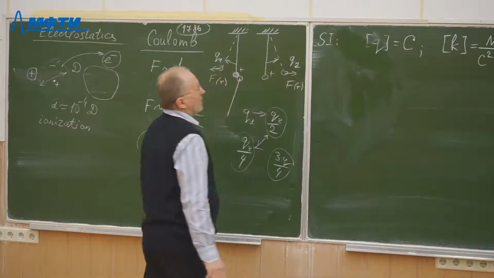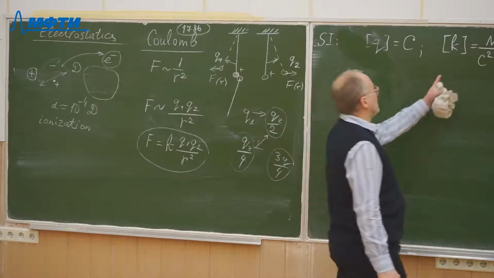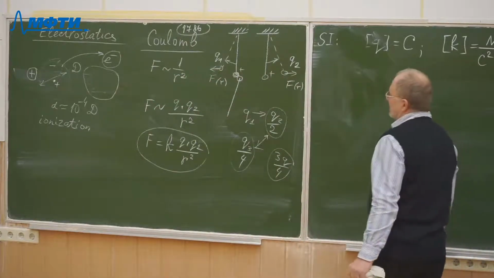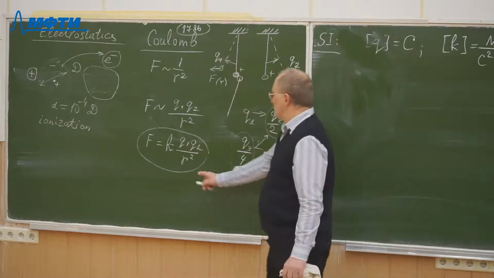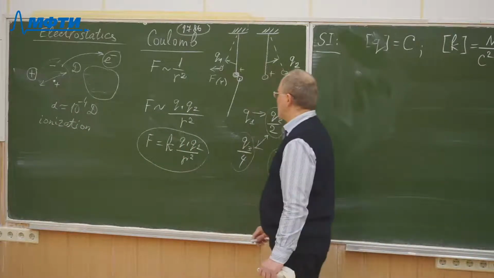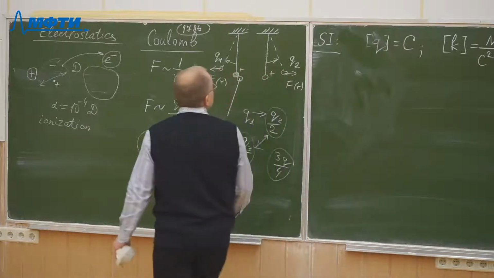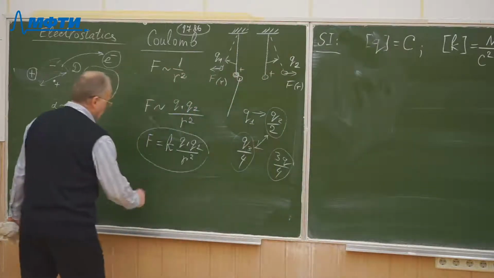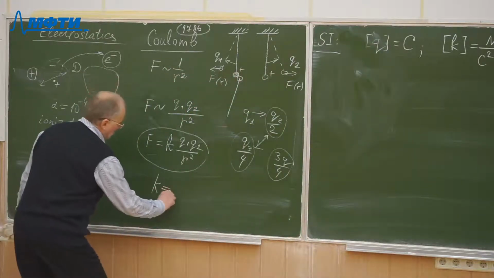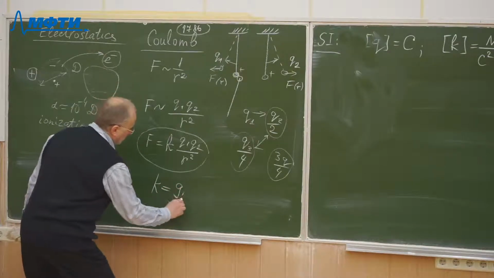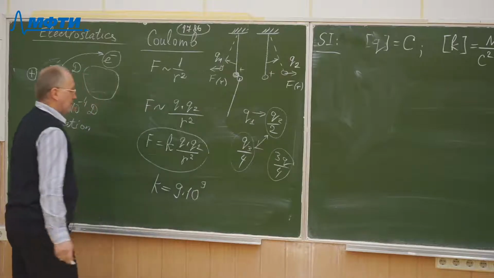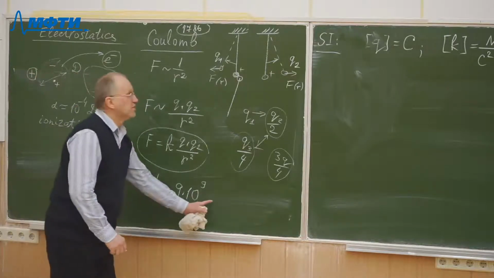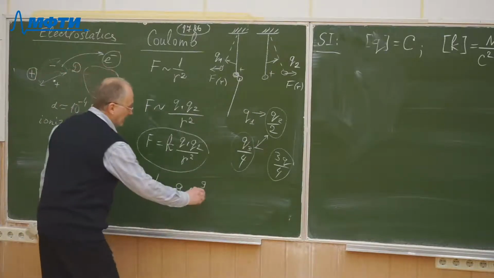Such will be the unit of measurement of this constant K. And in the international system, if we use coulombs to measure these charges, then this constant K will have the quantity 9 times 10 to the 9th power, with the units of measurement indicated there.